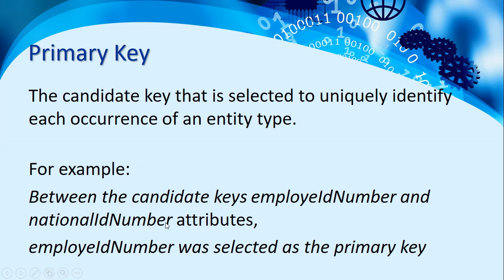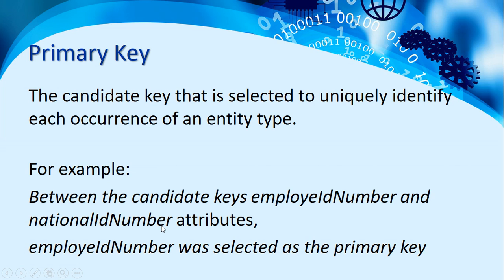So as a database developer, if I'm going to select a primary key among these two, of course I'll go with the attribute that consumes fewer characters. Since the employee ID has a limit of only 4 characters, I save more storage compared to the national ID, which is always 8 characters.